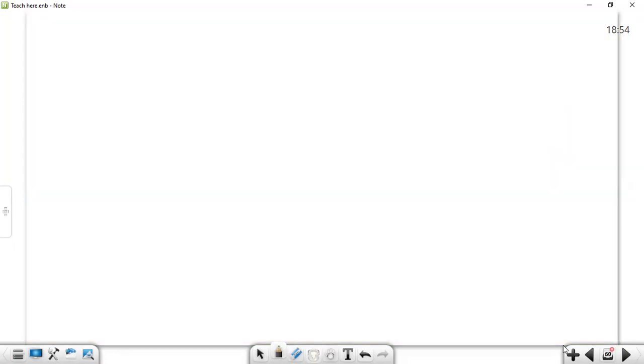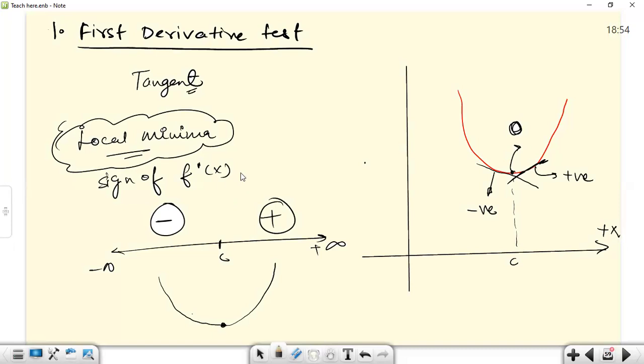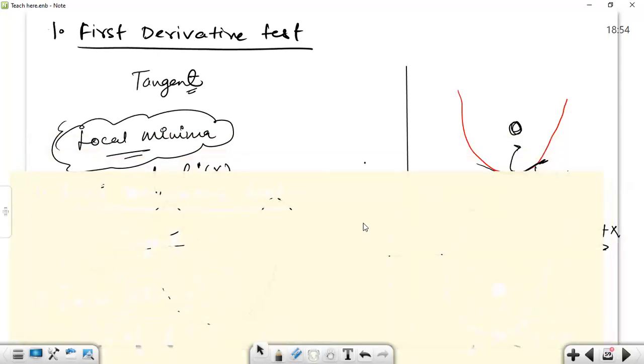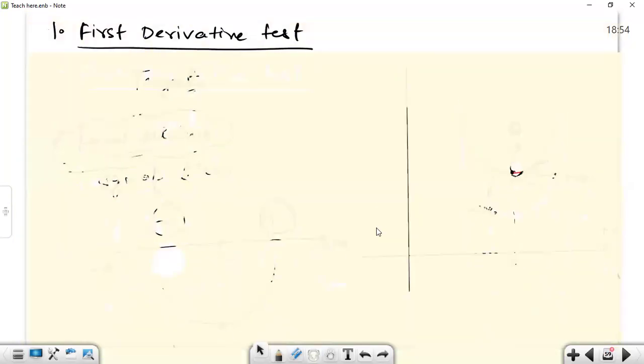So moving ahead, discussing about local maxima.